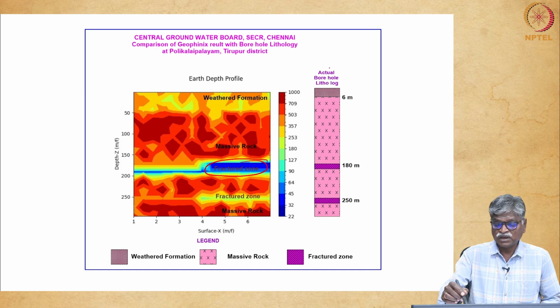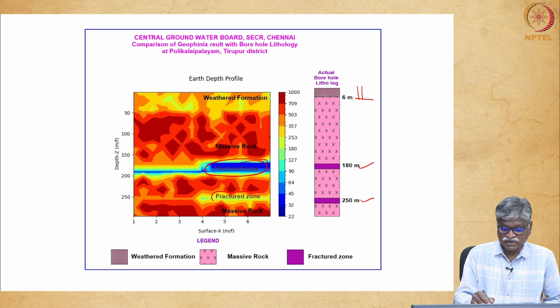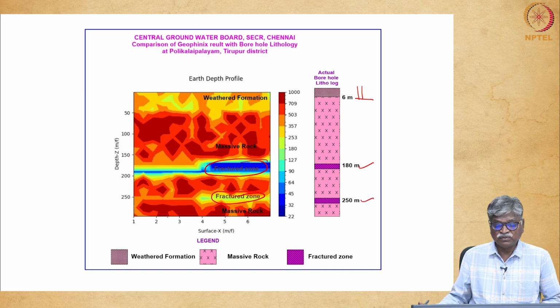During the actual drilling, the depth of weathering was up to 6 meter. Up to 6 meter you put the casing, and at 180 meter you got one fracture, and at 250 meter we also got one fracture. These are two sets of fracture we got from geophonics.